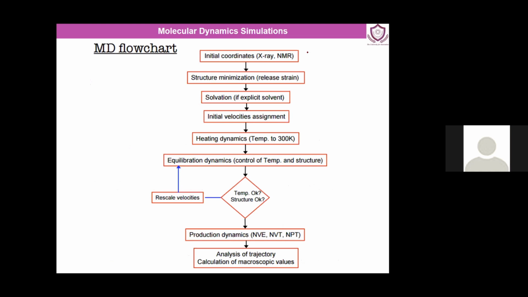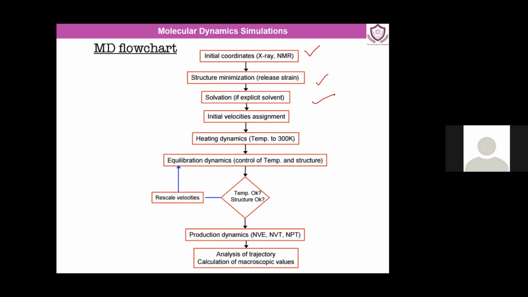So if we see the steps, the first one is the initial coordinates which we require from X-ray or NMR. Then we do have a structure minimization. That is, we release the strain and give enough time to relax the molecule, and then we need to do a solvation. Now, we need to do a solvation because a protein in our body, or any kind of biological macromolecule, is surrounded by a solvent.